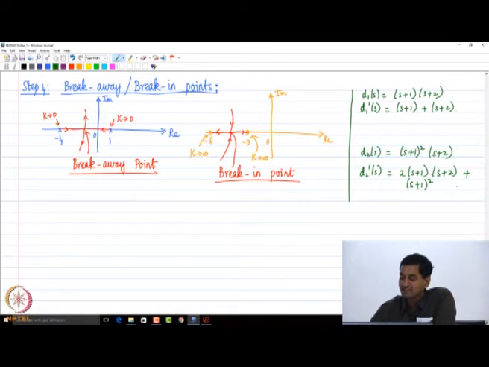Since -1 has a multiplicity of 2, the first derivative is also 0 in d2. So you substitute -1 in the first derivative of the polynomial. Since -1 is a repeating root for d2, it makes the first derivative also 0. But you see that -1 was not a repeating root in the first polynomial d1.